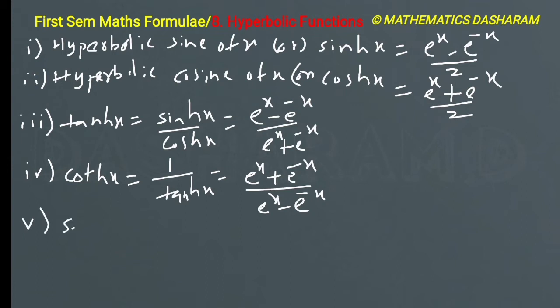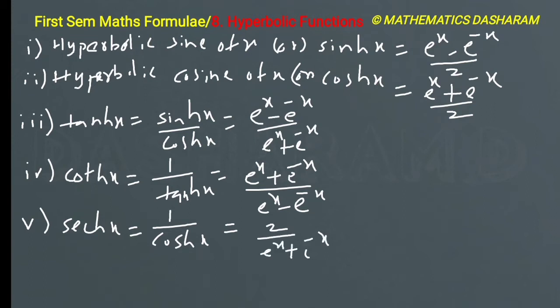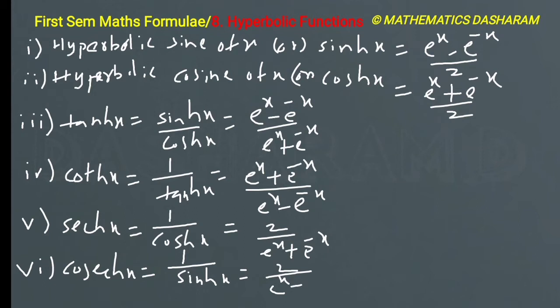Fifth one is sech x, the reciprocal of cosh x. So 1 by cosh x means 2 divided by (e power x plus e power minus x). And the last one is cosech x, the reciprocal of sinh x. So then 2 divided by (e power x minus e power minus x).